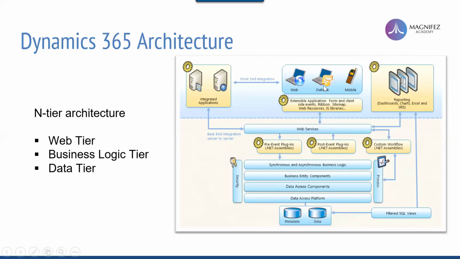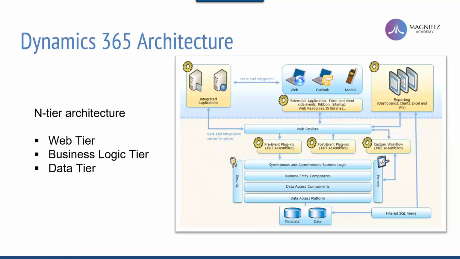We can also customize forms, the sitemap, and the ribbon from the UI itself. Many applications can also be integrated with Dynamics using the UI; SharePoint is an example. These are the customizations possible, but we are not talking about them here. What we are talking about is the business logic area, and what we can customize there.